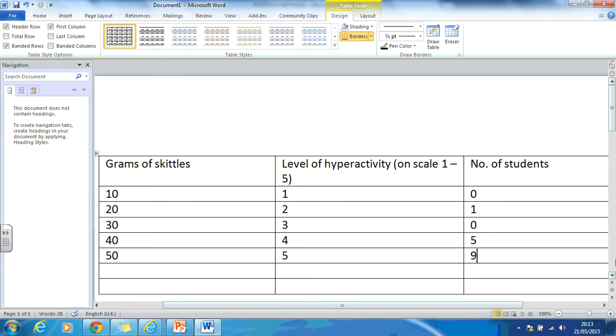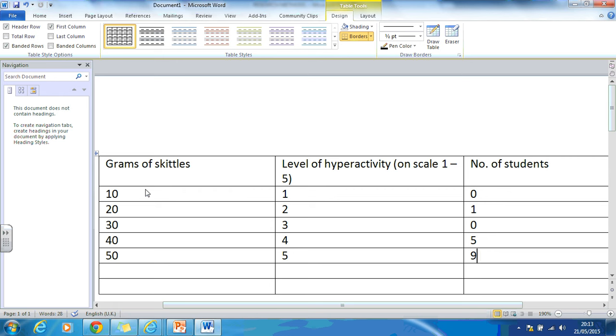So I'm saying how many grams of Skittles you ate will actually impact level of hyperactivity. Level of hyperactivity is on a scale of 1 to 5. Grams of Skittles is from 10 to 50, and then I've recorded, say, after 20 minutes, what is your level of hyperactivity in relation to how many grams of Skittles you have used. That's what I'm looking at.